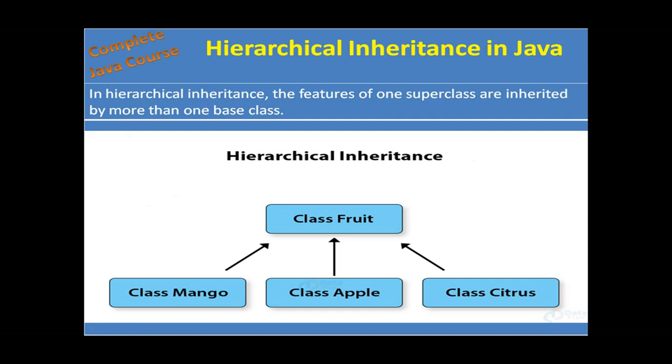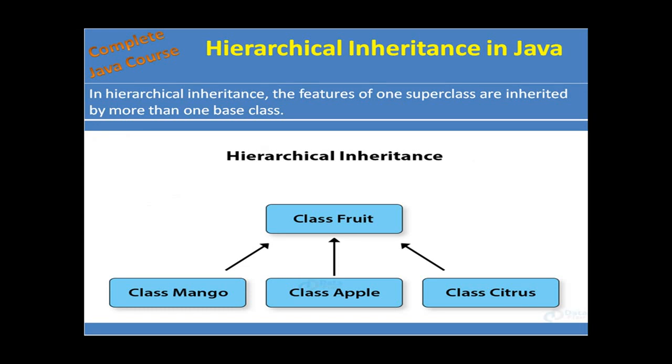So multiple subclasses inherit the features of one class. Suppose there are three children of one father, so all the three children inherit the property from the one father. That is called hierarchical inheritance. If there is only one son and one father, then only one son inherits the properties from his father. That is called single inheritance.